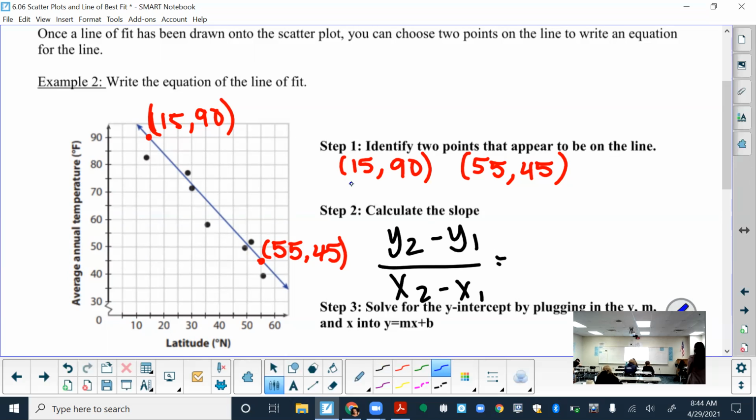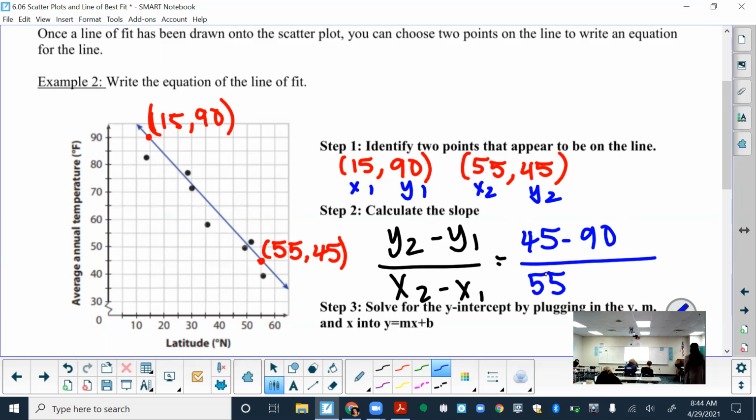Just pick one of them to be your x1, y1, the other to be your x2, y2, and plug them into this formula. So plugging them in, my y2 we said was 45 minus y1, which we said is 90, over x2, which is 55, minus x1, which is 15.